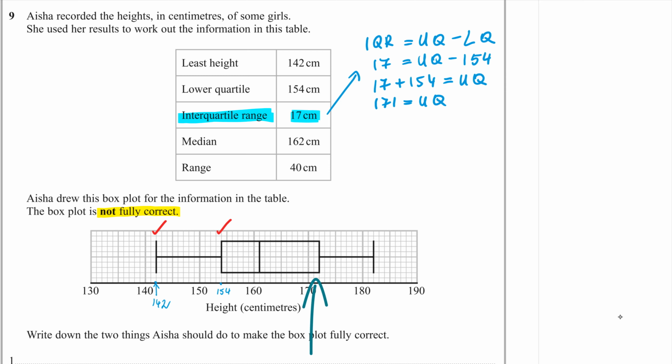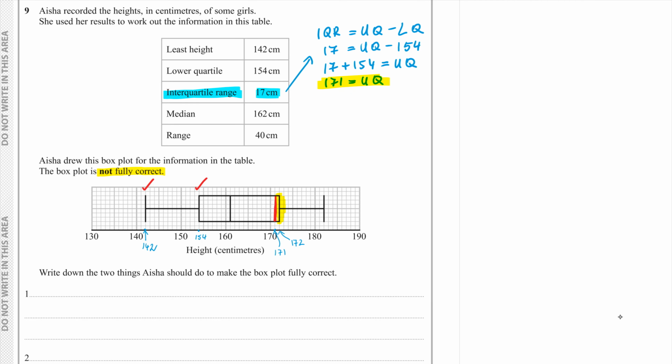The fourth section of the box plot represents the upper quartile. This is drawn at 172. It should be at 171. So this is wrong. So the first thing that Aisha should do to make the box plot fully correct is plot the upper quartile at 171, not at 172.